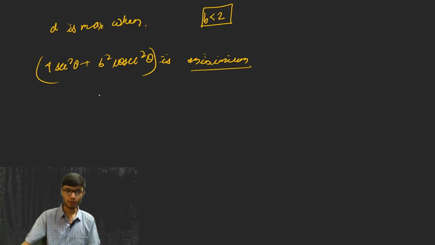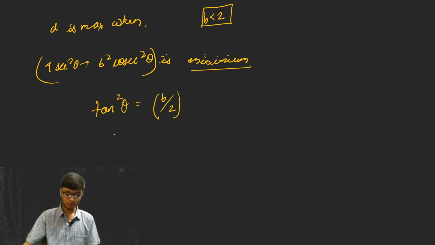The condition is found by taking the ratio of both the terms, which gives tan square theta equal to b by 2. So it is minimum when this particular relation occurs, and the value of the numerator is 4 minus b square.